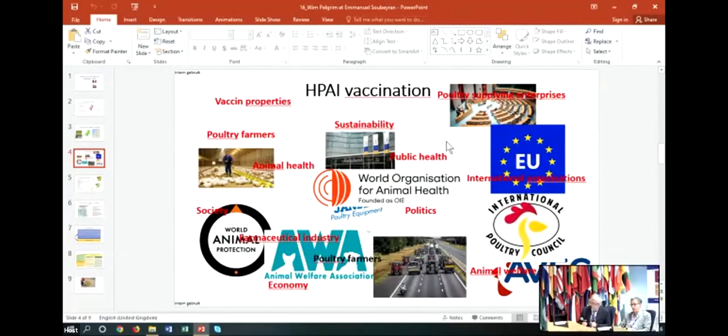One of the aspects that was mentioned today was the risk for public health concerning vaccination. It's an aspect that has been discussed in my country as well, and it's one of the aspects that might be negative for vaccination.